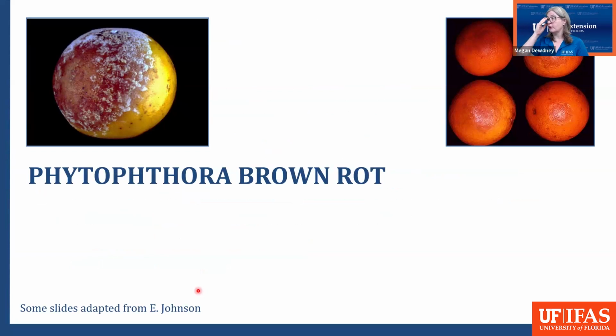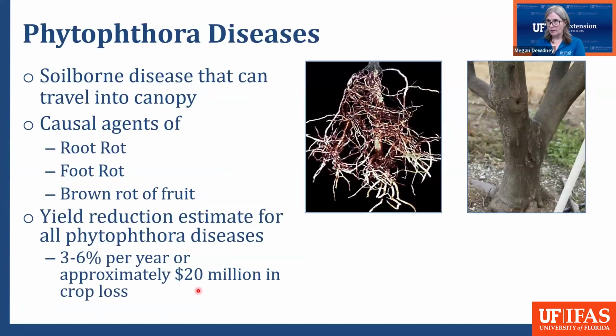I'm going to move over to Phytophthora brown rot. So the Phytophthora diseases basically are a group of soil-borne diseases in citrus that can travel into the canopy. As you probably are well aware, these are causal agents of root rot, foot rot, and then of course brown rot, which we're going to focus on today.